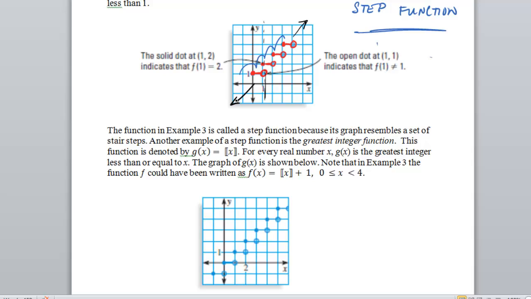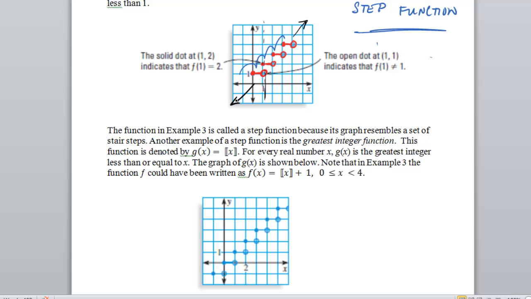Now, I don't want you to spend too much time on the greatest integer function, except to understand what exactly it's telling you. The greatest integer function is labeled by g of x in this special bracketing symbol that you see here. And it's basically saying that for all x values, we take the greatest integer less than or equal to that value.